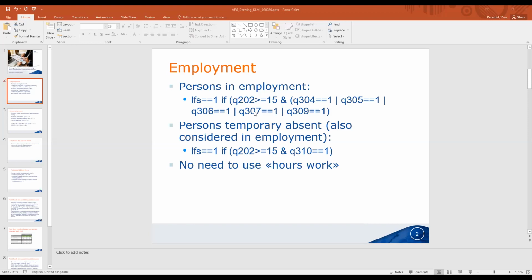Yeah, the problem of running the PowerPoint in slideshow is that then I can't show the questionnaire at the same time because you don't see it properly. I'm not sure. You don't see the PowerPoint properly?